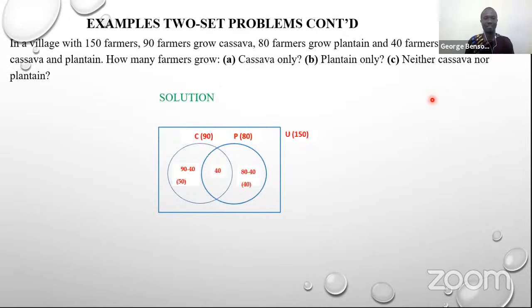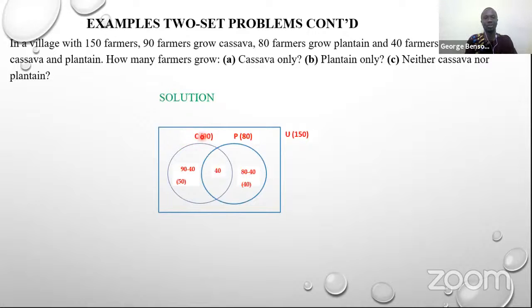So this is the Venn diagram. Normally, when we are given sets, if they don't coincide, we try to choose the first letter of the set we are given to represent the set. So as you can see, I've chosen C here and I've chosen P here. But if they coincide, you can use any other variable, it's up to you. That's why, if you want to define, you will say let X or whatever be the variable.